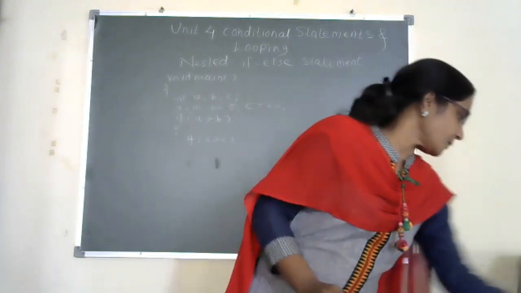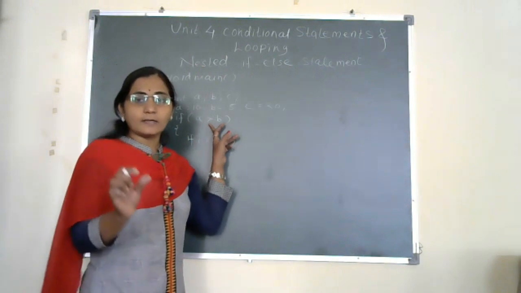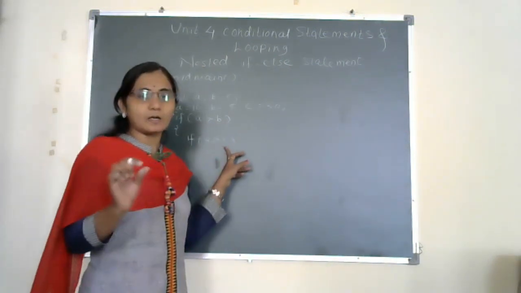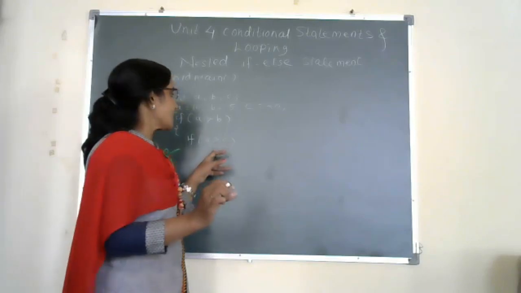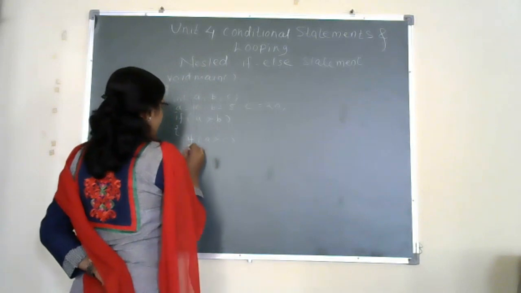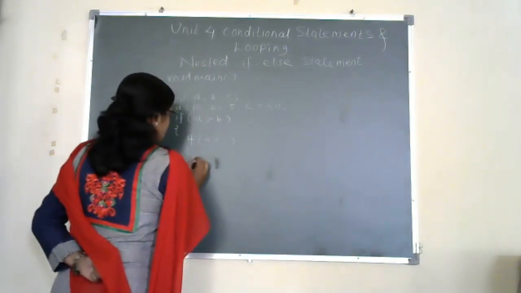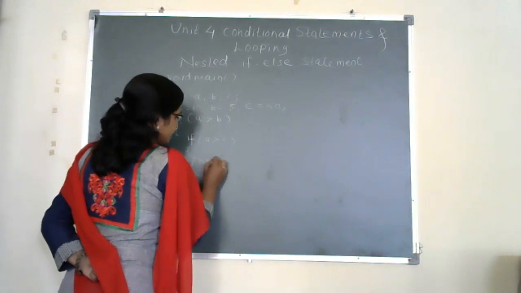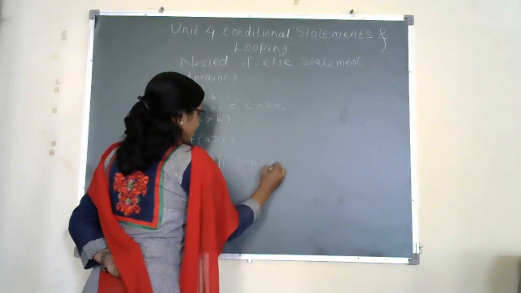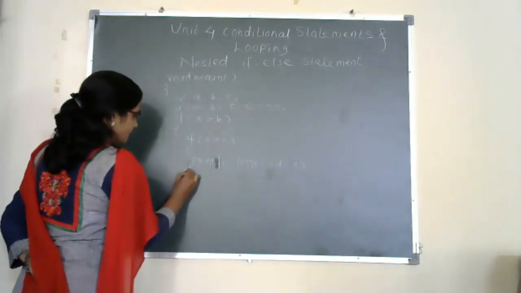This is your first condition. If the result of the first condition becomes true, then it evaluates the other condition. If A is greater than C, meaning the value of A is greater than C, then you just print "large equal to %d", and that becomes A. This is your if statement.